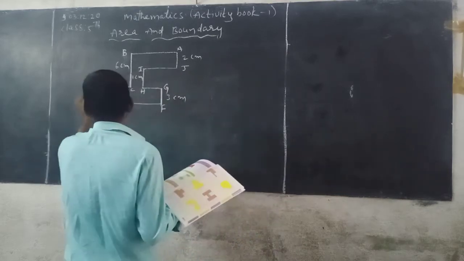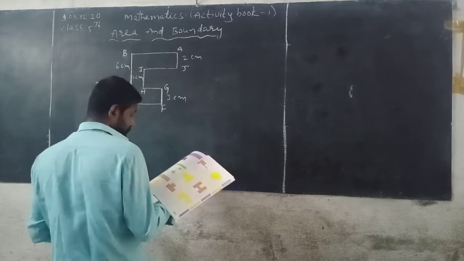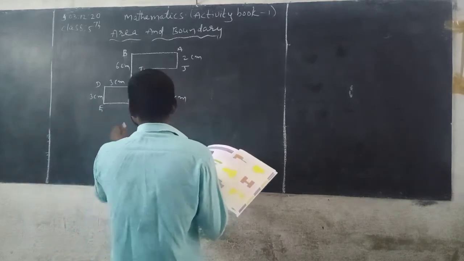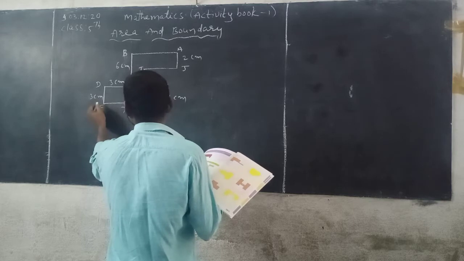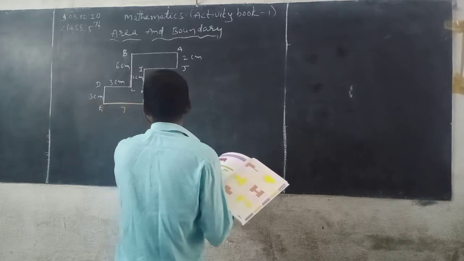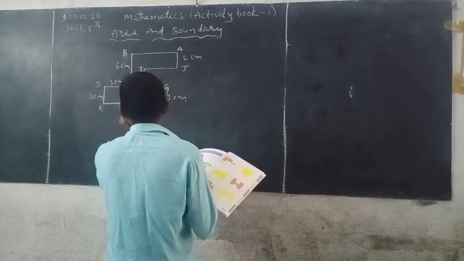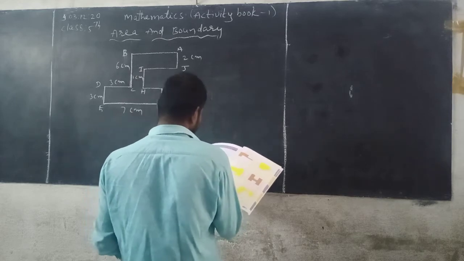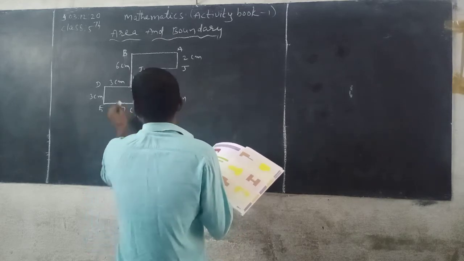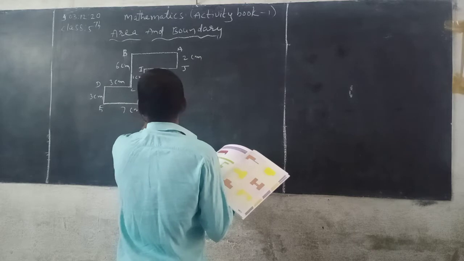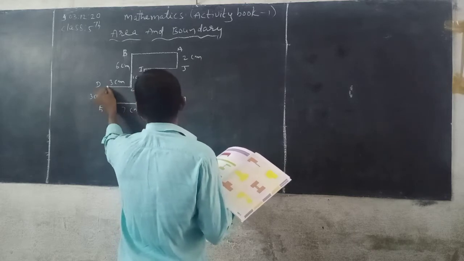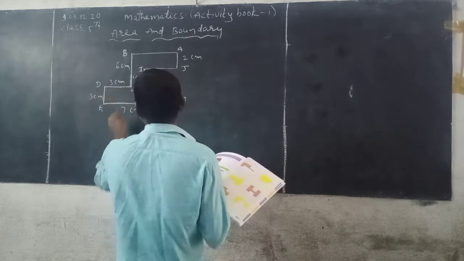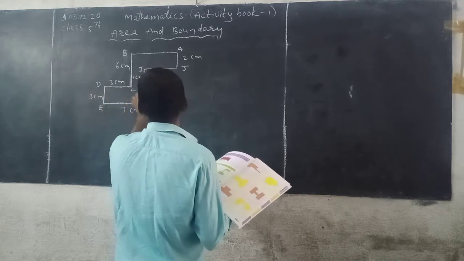Then this is also 3 centimeters beta. Next, this is 7 centimeters, that is EF. Side EF is equal to 7 centimeters. See, this is also, GH is also 3 centimeters because CD is equal to GH.